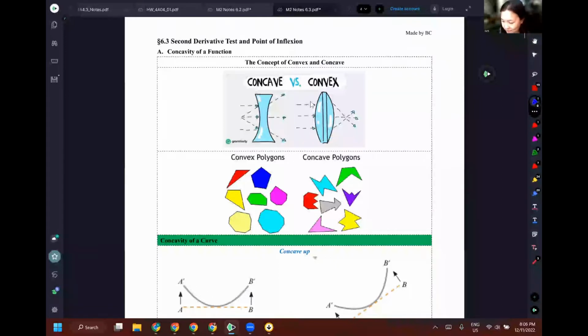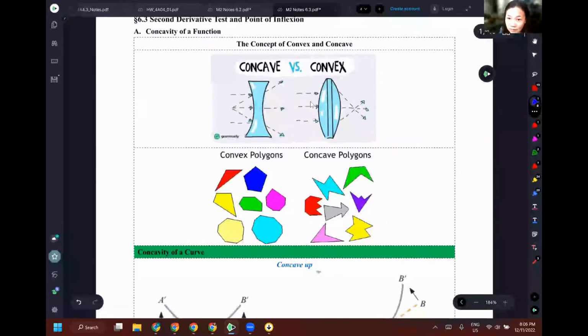The second derivative and point of inflection. Now, like I said, I will have a recap. I will do a recap because I didn't record the lesson on one of those days, and I don't remember which day. And some students may need to study from the beginning.